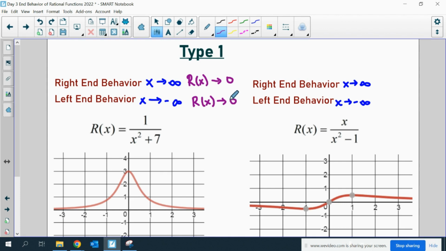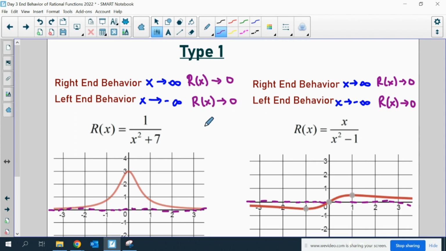That's happening in all of these cases. It never actually equals 0, but it approaches 0 as we go off to infinity. We would also call this the horizontal asymptote of the function. So the horizontal asymptote is approaching 0 as we go off to infinity.